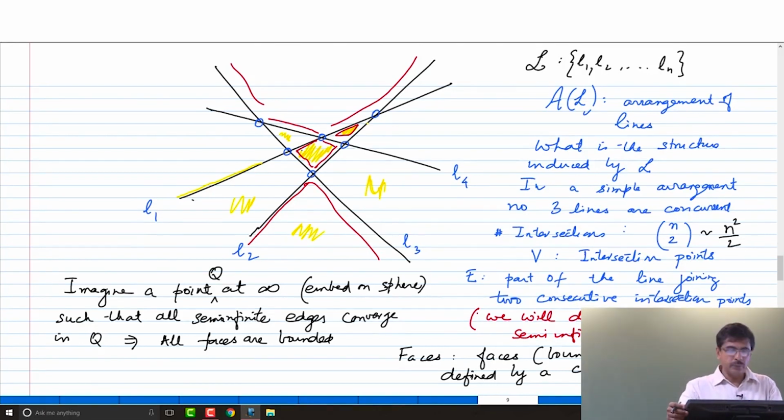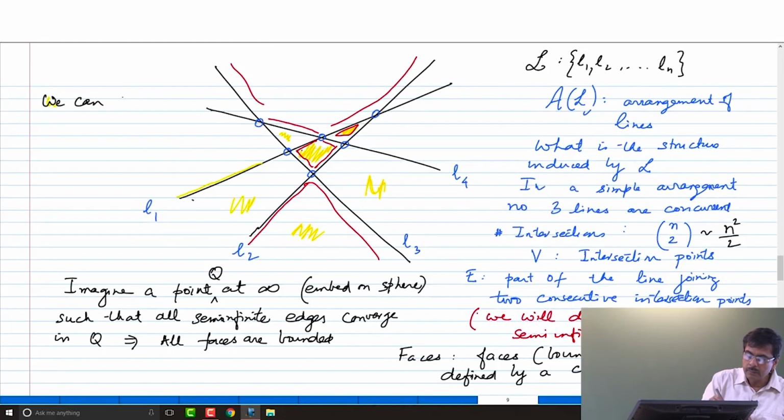Similarly, you can argue about the number of faces. One is that you can plug in the Euler's formula.